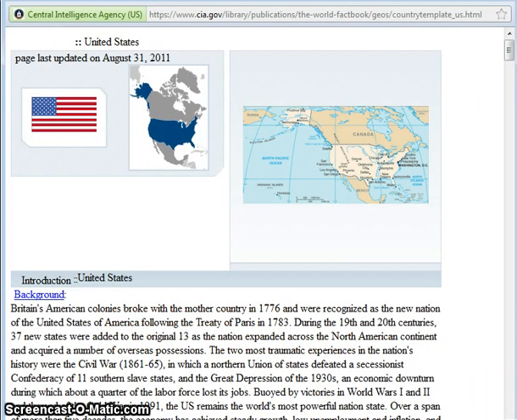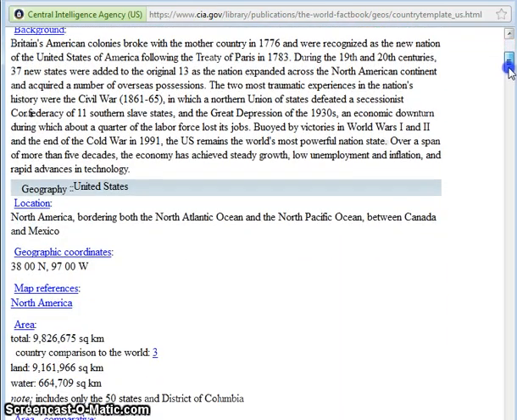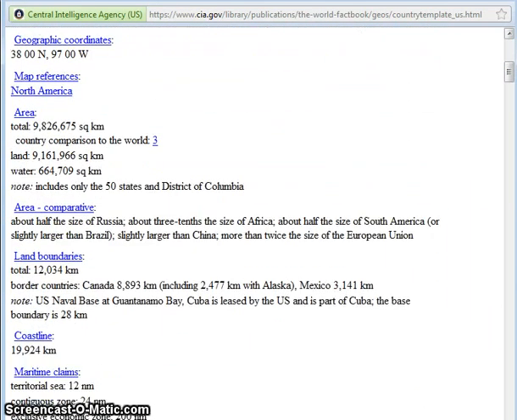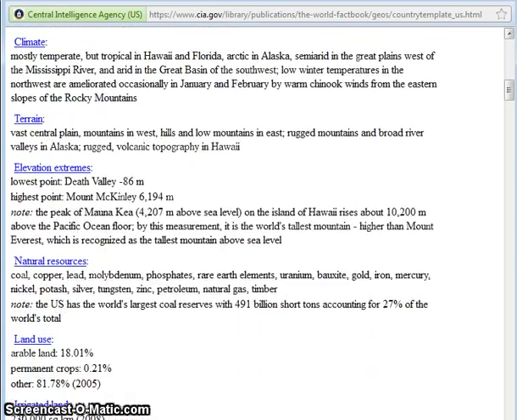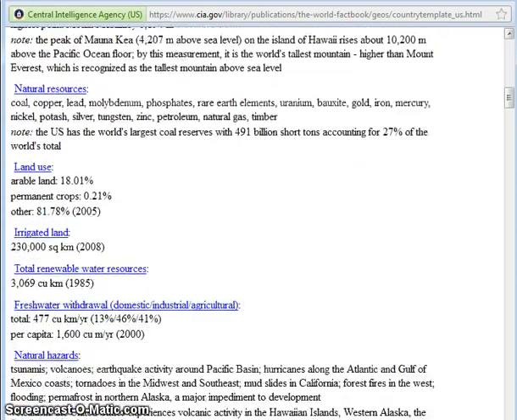The packet that they got looked like this. This is from the CIA. It's from something called the World Fact Book. It is just an outstanding resource, and we're going to use this a million times throughout the year. But it has all kinds of information about the United States. Again, you can pause it if you need to.